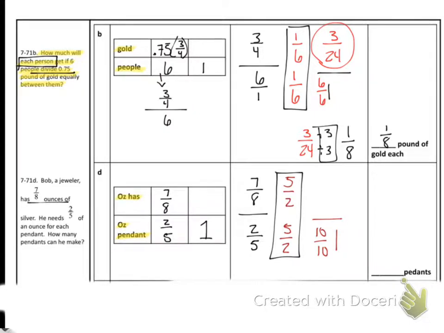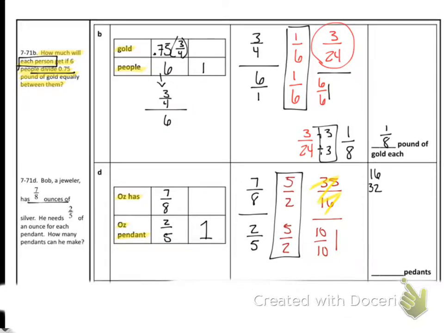7 times 5 is going to give us 35. 8 times 2 is going to give us 16. 35/16 is an improper fraction, so we need to count by 16s. Our first group will be 16. And 16 plus 16 more will give us 32.